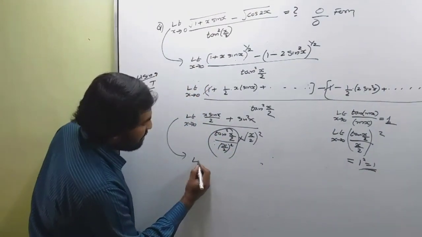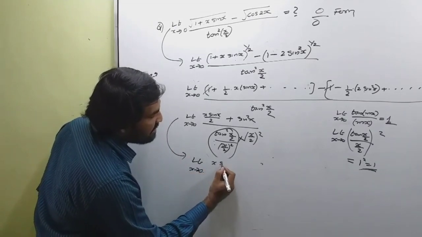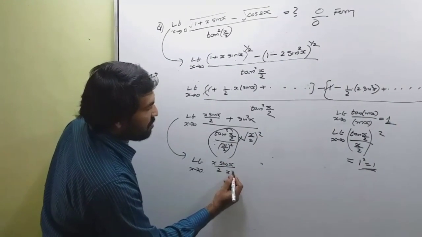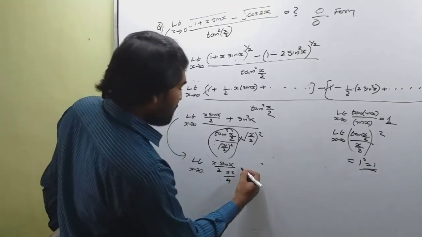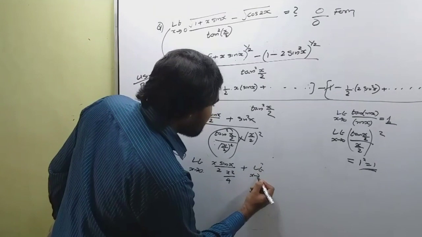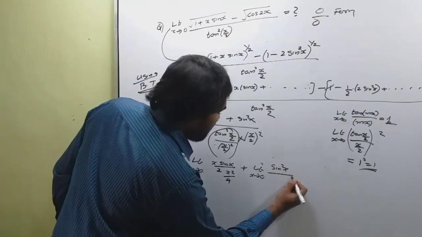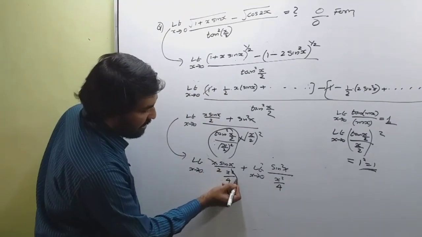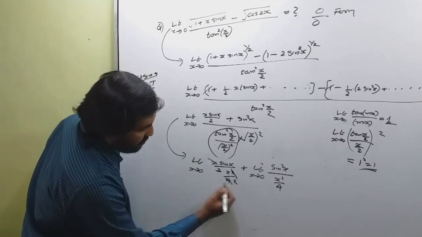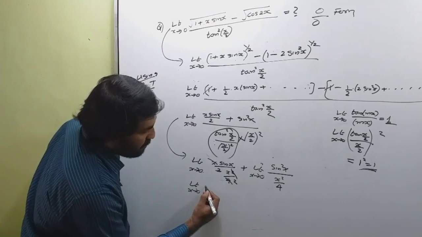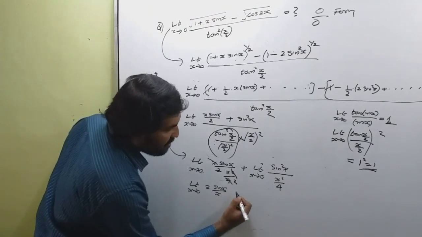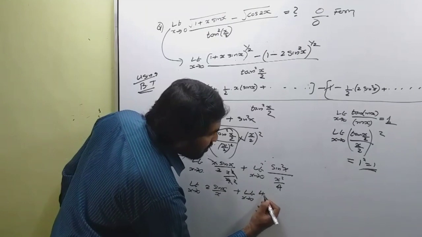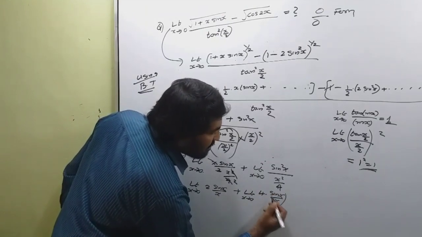So this can be written as limit x tends to 0, (x sin x)/2 divided by x²/4, plus limit x tends to 0, sin²x divided by x²/4. So one x in the numerator and one x get cancelled, and this becomes limit x tends to 0, 2 times (sin x)/x, plus this 4 goes to the numerator, limit x tends to 0, 4 times ((sin x)/x) the whole square.